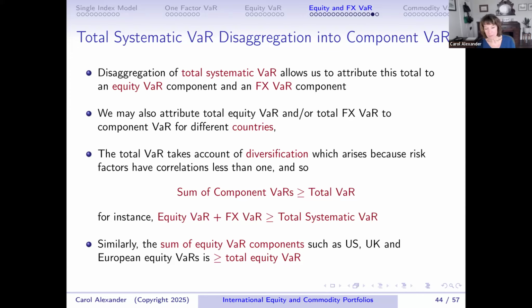So, for example, the equity VaR plus the FX VaR is greater than or equal to the total systematic VaR. And if we had, say, equity components such as US portfolio, UK portfolio, and European equities, then the sum of each one of those component VaRs would be greater than or equal to the total equity VaR. And again, you'd have to have perfect correlation everywhere for them to be equal.